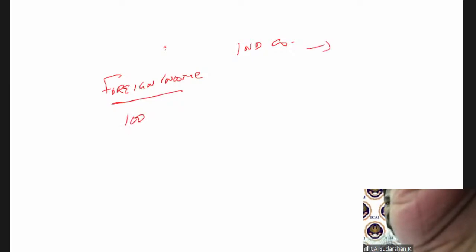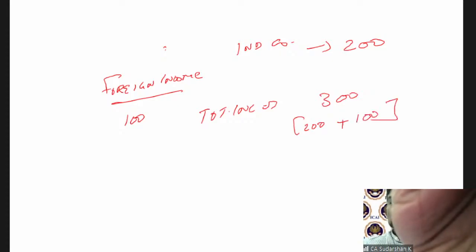Let me give an easy example. You are an Indian company. You have a foreign income of say 100 rupees, and an Indian income of 200 rupees. So your total income will be 300, that is 200 of your Indian income plus 100 of your foreign income.